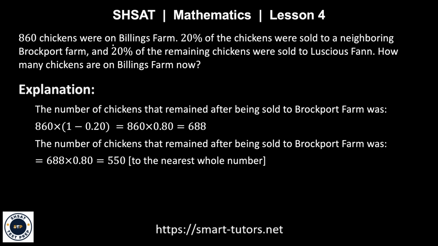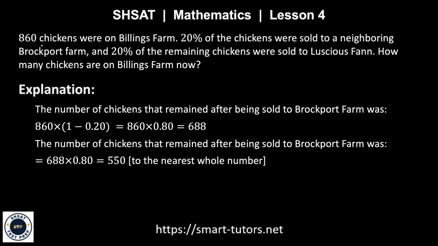Let's do another practice problem. 860 chickens were on a Billings farm. 20% of the chickens were sold to a neighboring Brockport farm, and 20% of the remaining chickens were sold to Lucia's farm. How many chickens are on the Billings farm now?